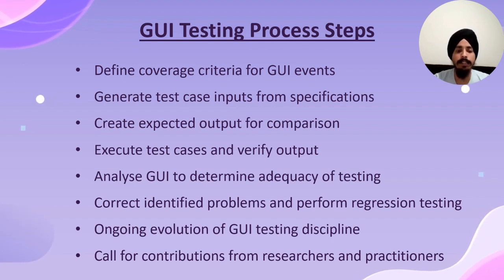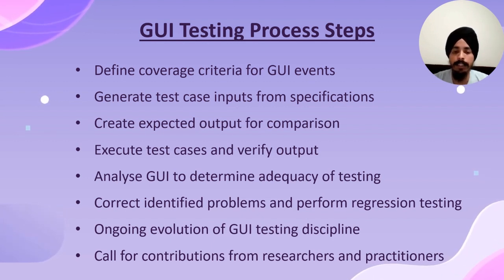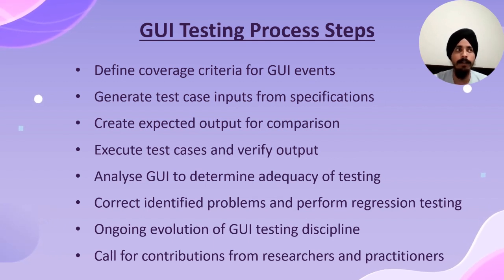Last but not the least, it calls for contributions from researchers and practitioners. So it is also helpful when we ask researchers or practitioners to look into our cases and provide feedback, so that we can make our test cases better, or our GUIs better.